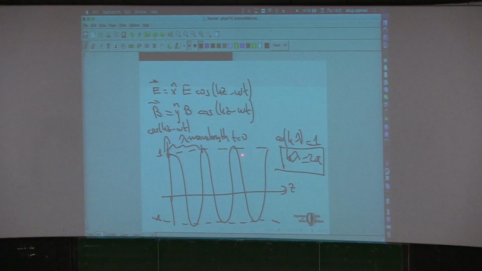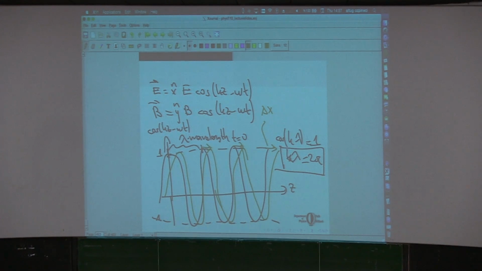Now, as time increases, this whole pattern will be moving towards positive z. So this is at t equal to 0. At the next time, it will look something like this. It just shifted, and this shift is determined by omega t. The maximum has shifted by an amount delta z.